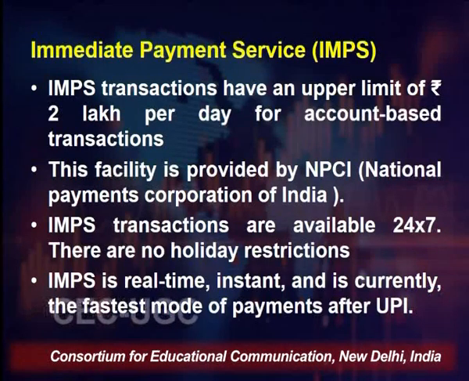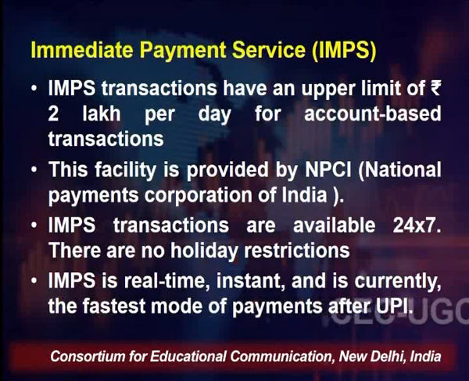IMPS transactions have an upper limit of rupees 2 lakh per day for an account-based transaction. Since these IMPS transactions are made mostly through mobiles, in order to have a safety feature, to be doubly sure, the limit has been fixed so that transactions in a particular day will not exceed 2 lakh rupees, right?